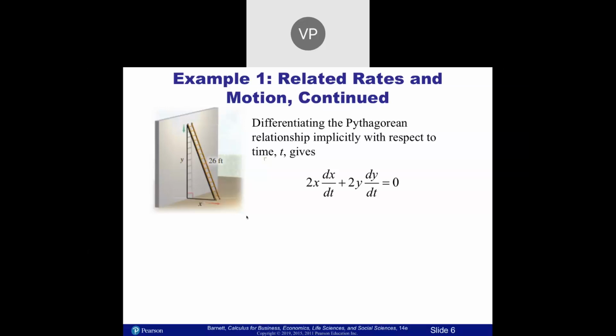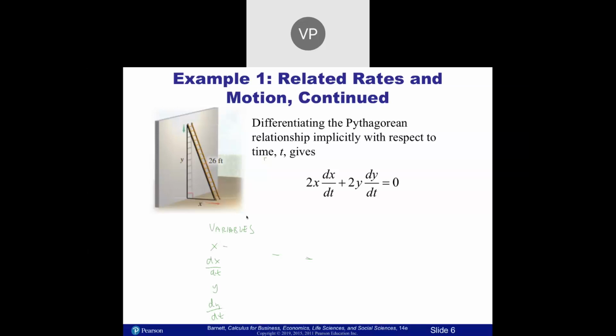Even though there's some shared letters, I just want you to see: x is a variable. dx/dt is a variable. y is a variable. And dy/dt is a variable. All 4 of these mean something different.